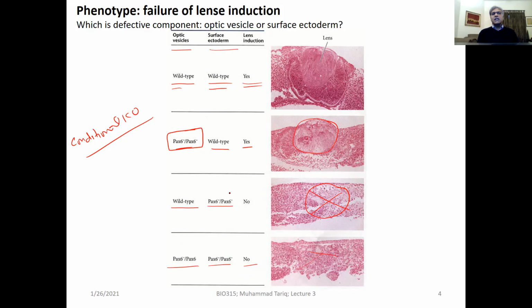So it means PAX6 is the competence factor which enables the surface ectoderm, the head ectodermal cells, to respond in a specific manner, which then results in morphological changes in the form of lens formation.